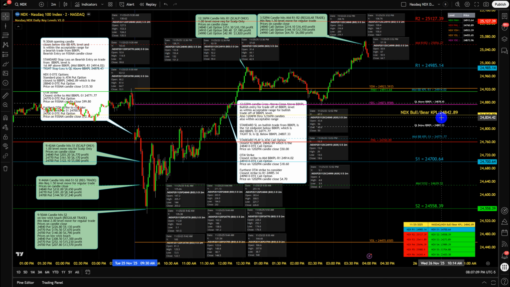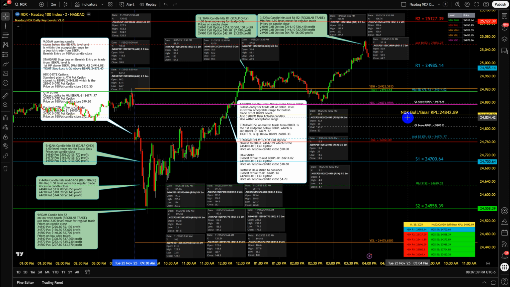As you can see here, the NDX index is almost 25,000 versus the SPX index, which is around 6,700. So it is quite a bit more expensive to trade options on this index compared to the SPX index, simply because of the index being a lot higher priced.